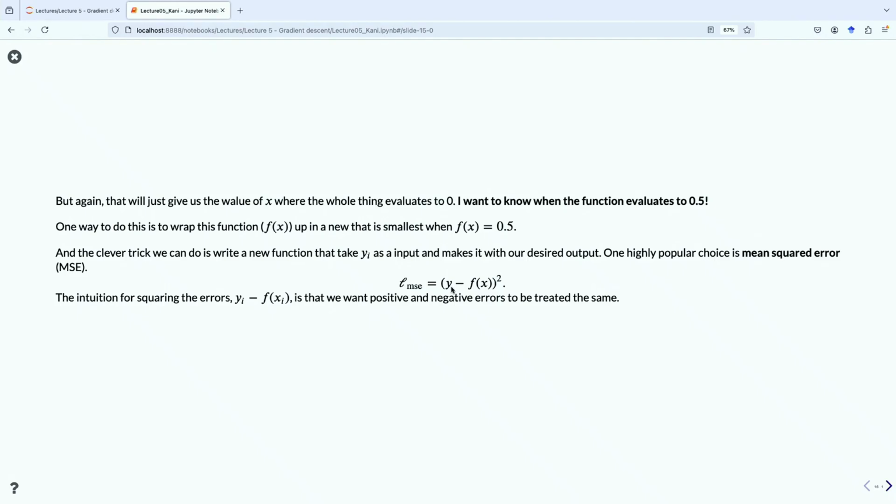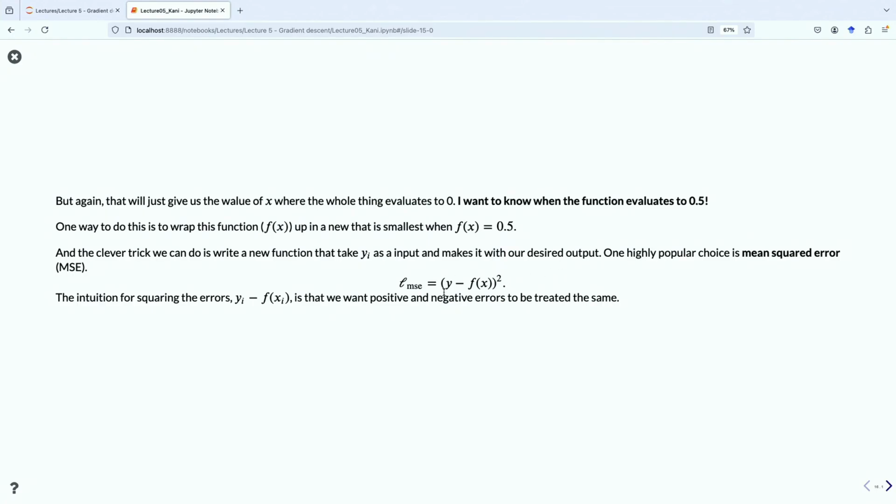And we square it mainly because we want positive and negative errors to be treated the same, and we don't want any negative values from this objective function. But the idea here is that instead of always having to calculate what value f of x is equal to 0, now we minimize this whole function.